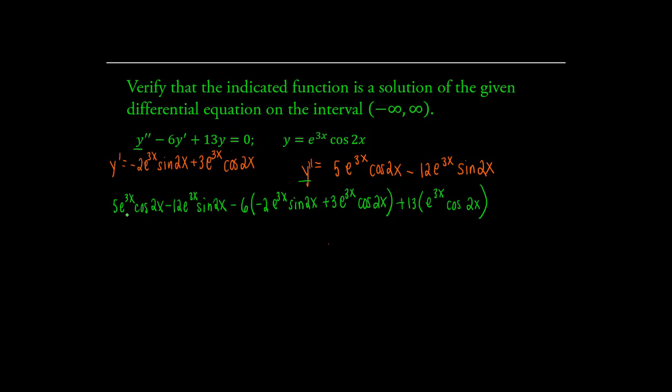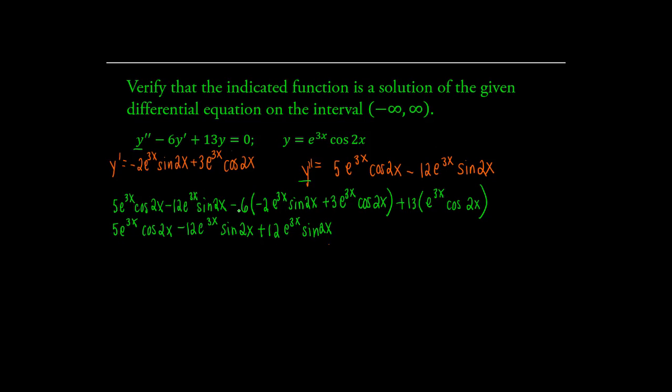All right, so let's work through simplifying this. This doesn't change: 5e to the 3x cosine 2x minus 12e to the 3x sine 2x. Now here I have negative 6 times a negative 2, which gives me positive 12e to the 3x sine 2x.